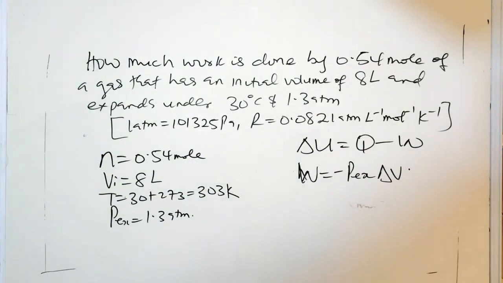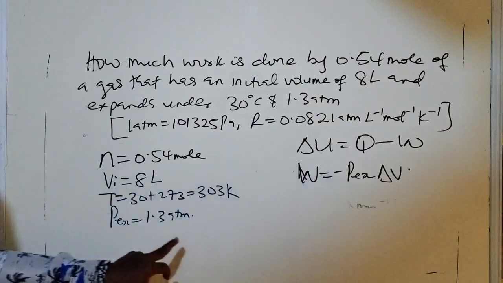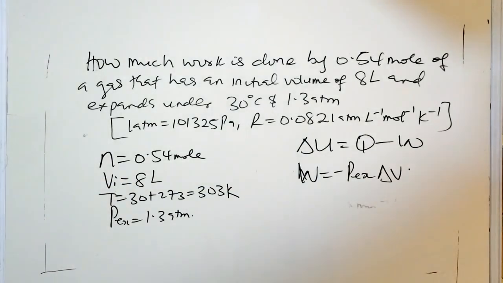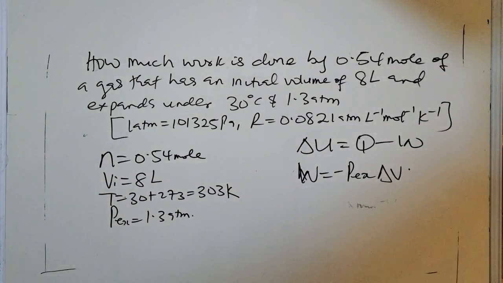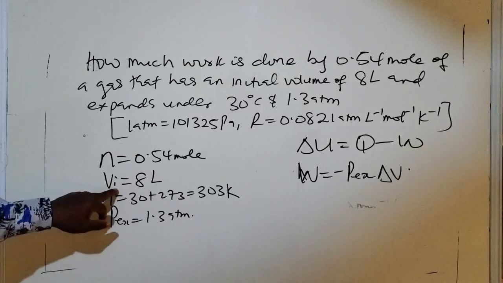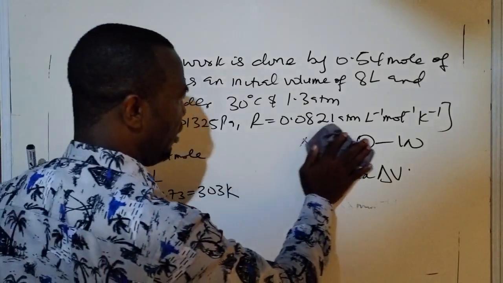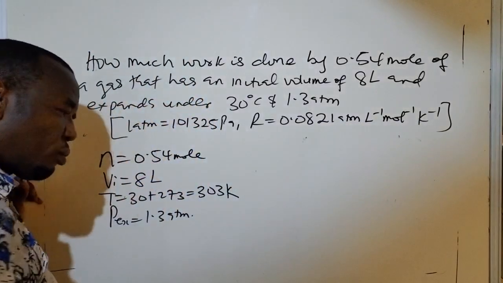So we can use the second formula because we have a pressure and we can find change in volume. But the problem here is that to find the change in volume, we have to look for the difference between the initial and the final volume. What was given to us was the initial volume, we don't have the final volume. So how to calculate the final volume of the gas?